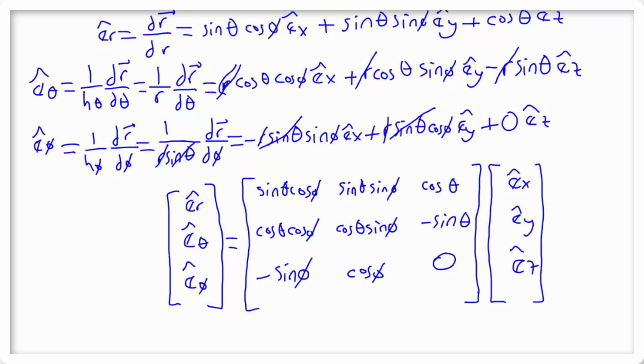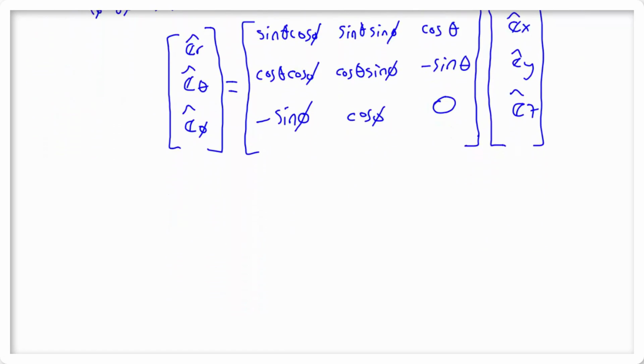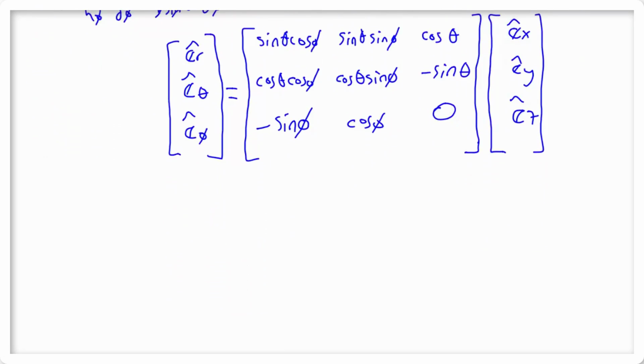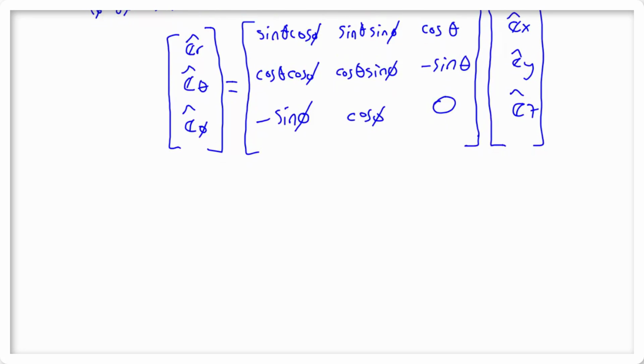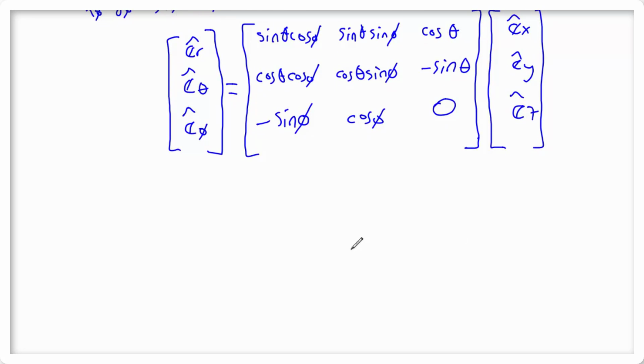Well, if the opposite happens, so I have something in terms of spherical coordinates, how do I convert it to Cartesian coordinates? Again, the same logic as before. Let's call it b times b. This b then becomes the transpose of this b.